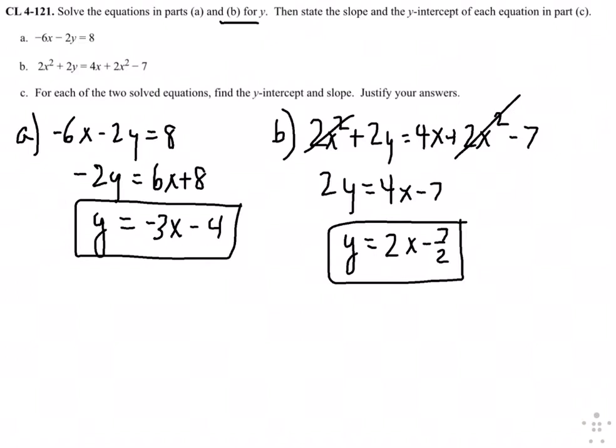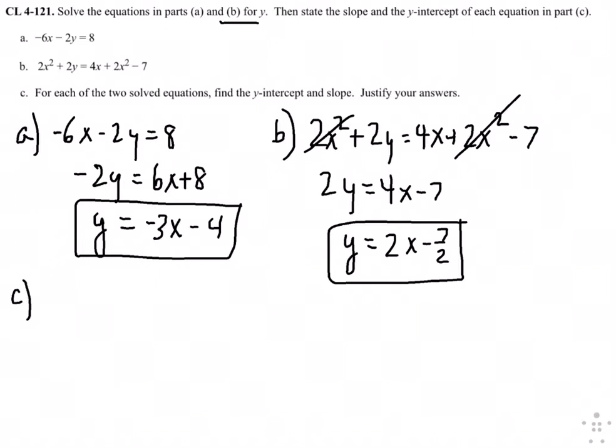Okay, for C, they want us to state the slope and y-intercept for each equation. C says for each of the two solved equations, find the y-intercept and the slope. So for C, the y-intercept is right here.